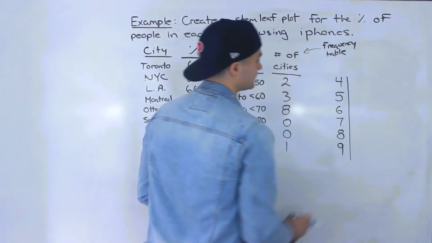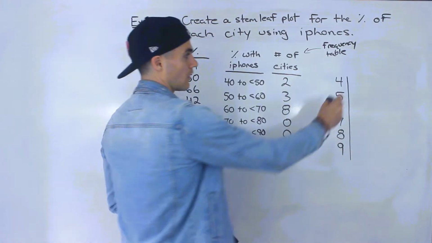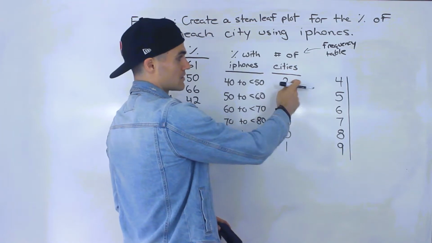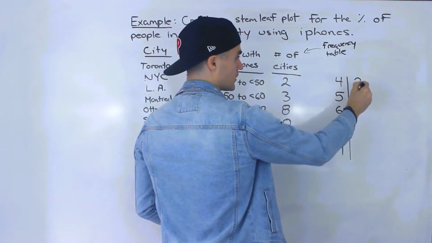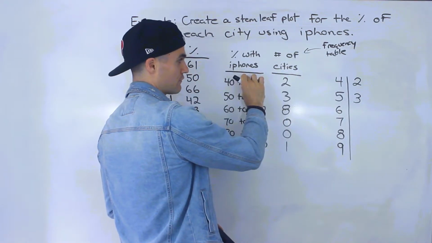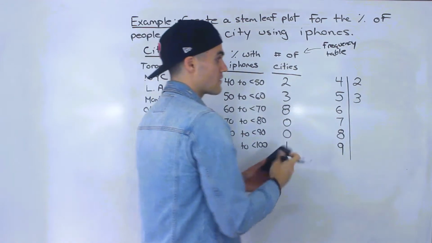And then what we do, over here on the right side, instead of putting the frequency, so we wouldn't put 2 here and 3 like we did over here, 2 cities that fall into this interval or 3 cities that fall into this interval or start with 5.